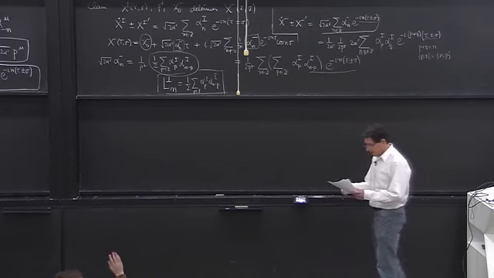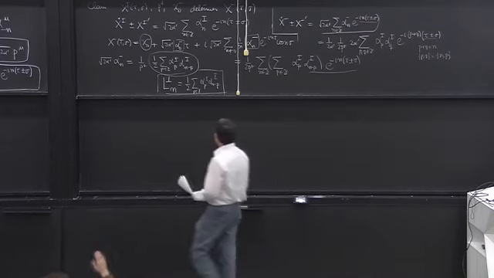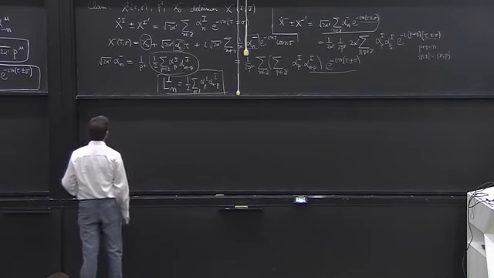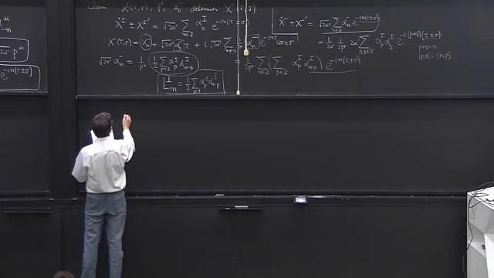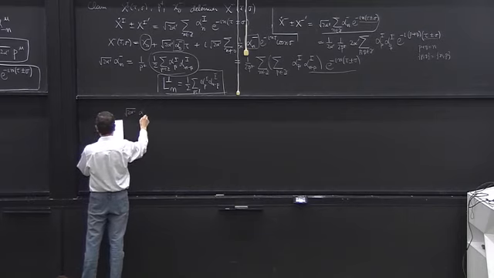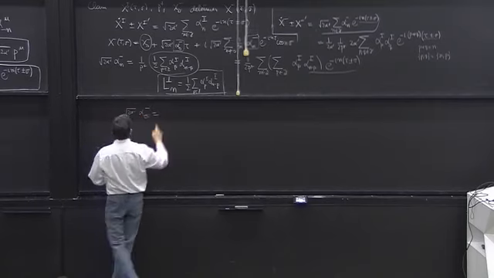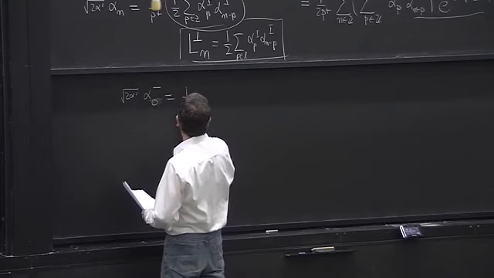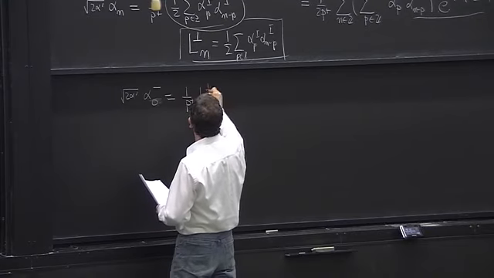There we go. One more thing. For n equals 0, n equals 0 is particularly interesting. So what do we get from n equals 0? We get square root of 2 alpha prime, alpha_0^- is equal to 1 over p^+ L_0^perp.